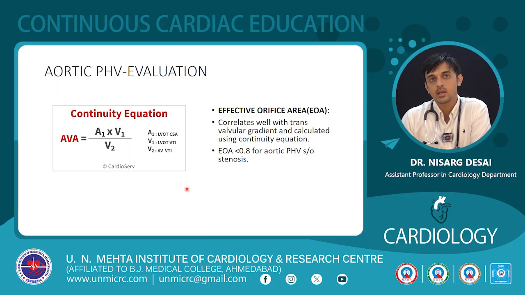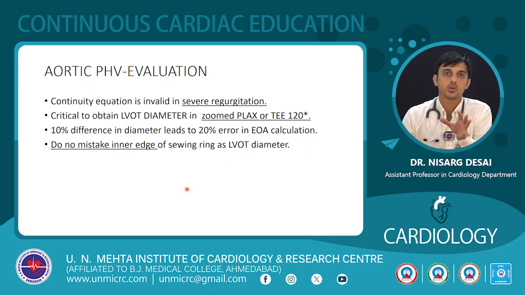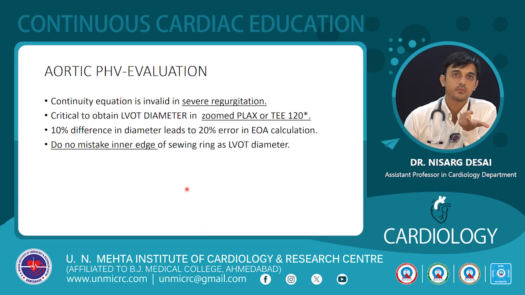How do you analyze the LVOT cross sectional area, what is the ideal way? If we are using transthoracic, it is a zoomed PLAX view of the LVOT diameter, and if we are using TEE, then it is a TEE 120 degree view. Because if we commit a 10% error in measuring the LVOT diameter, it will lead to a 20% difference in the EOA calculation.